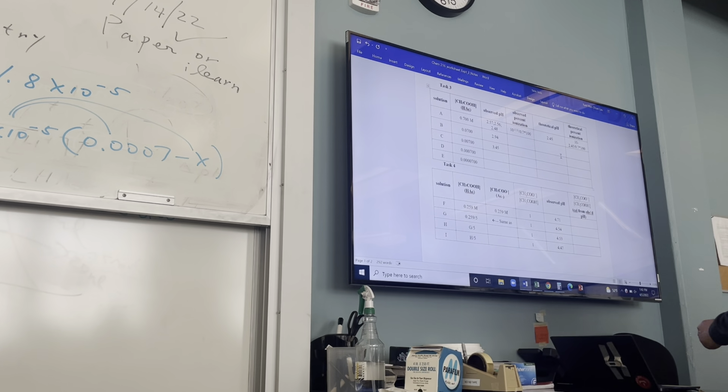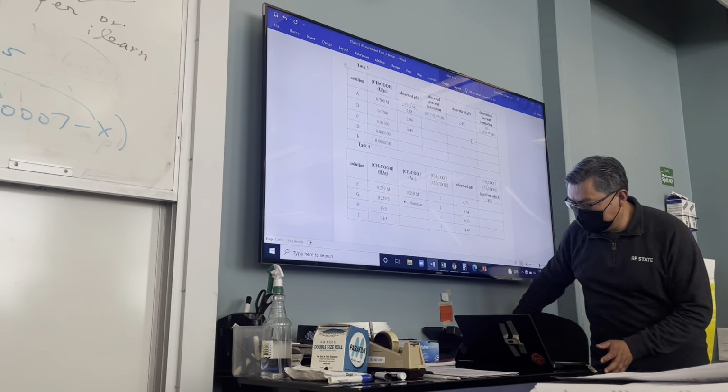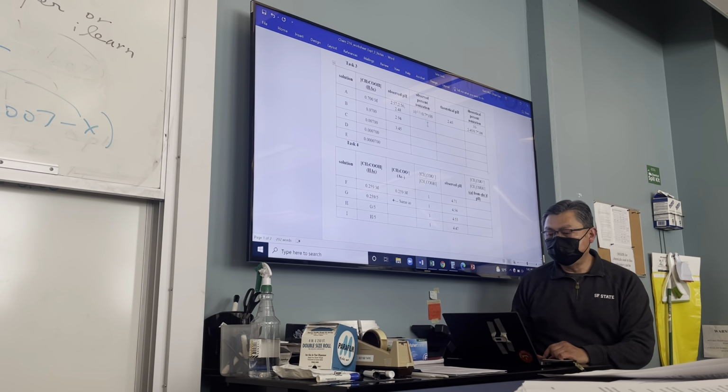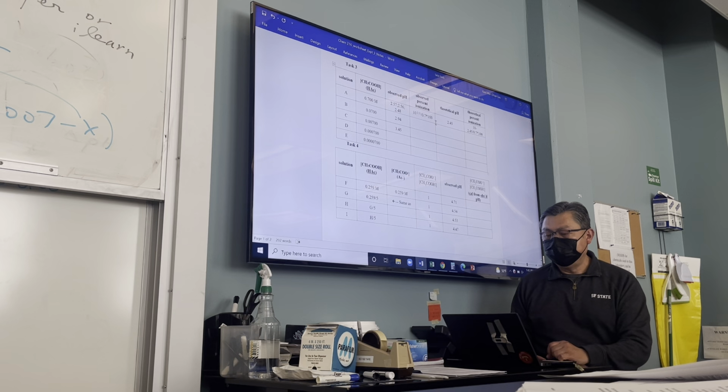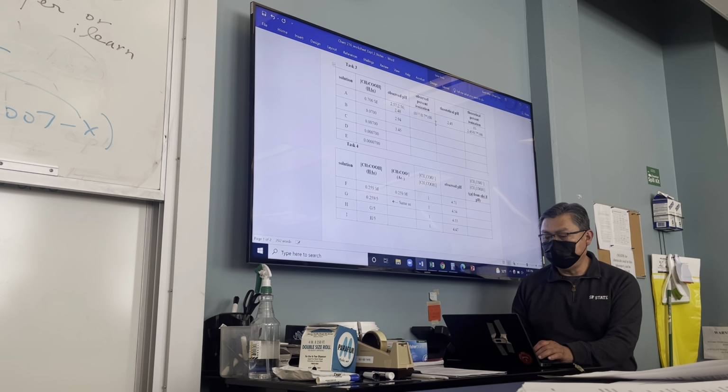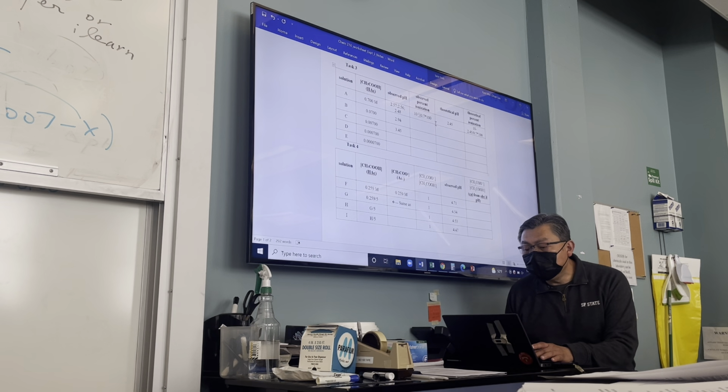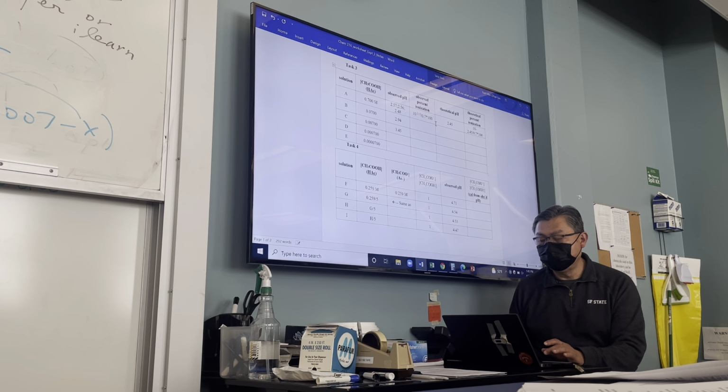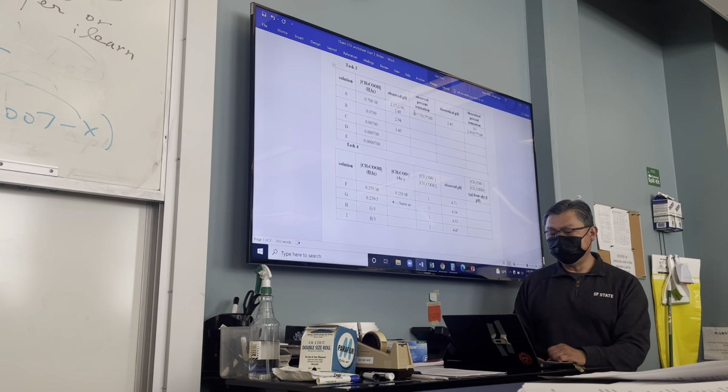Now, what about the percent ionization? So the percent ionization will be 10 to minus your pH. So in this case, for example, it would be 10 to negative 2.57 divided by 0.7, which is the initial concentration, and times the 100.